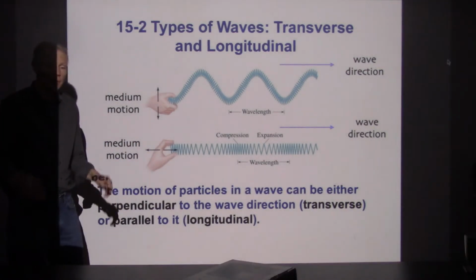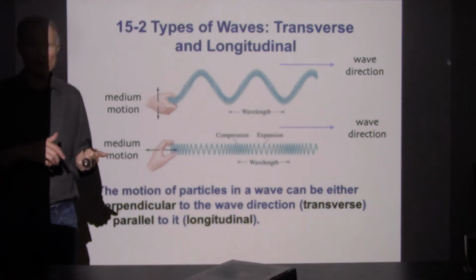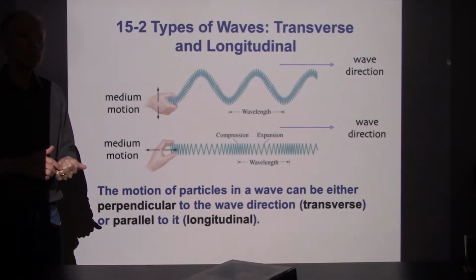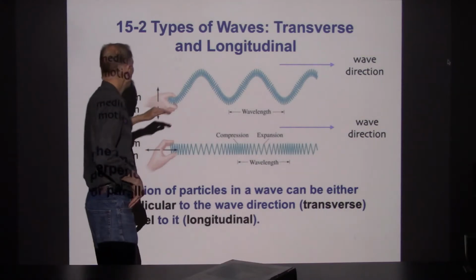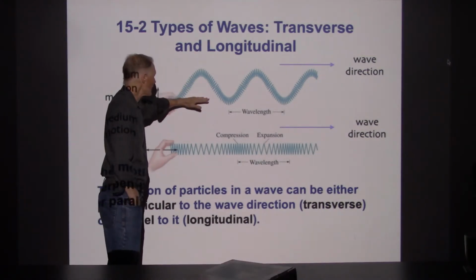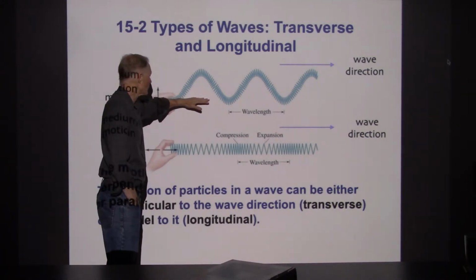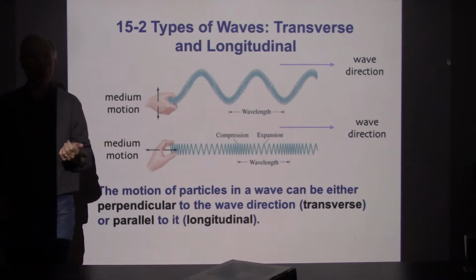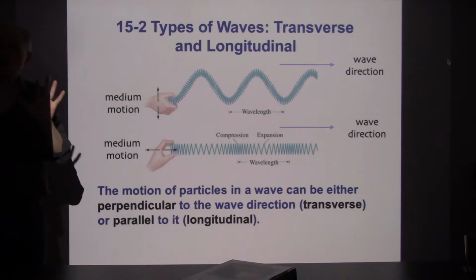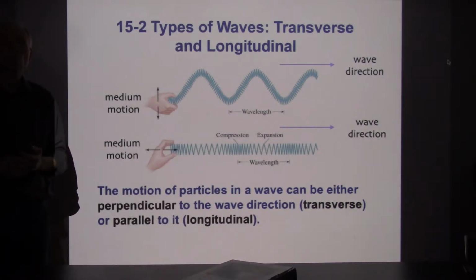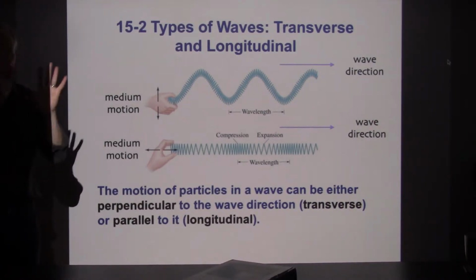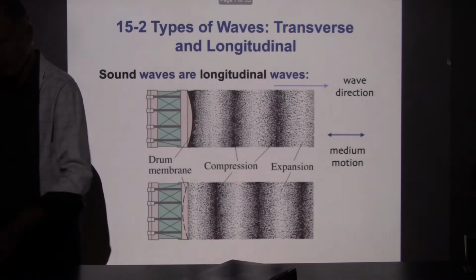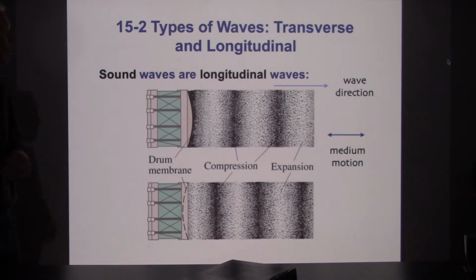In a solid, there is a restoring force that will bring the medium back to equilibrium from a transverse direction. But that's not true in a fluid or a gas. So in a fluid or a gas, we can set up these compression waves, and the compression waves will propagate through that fluid.